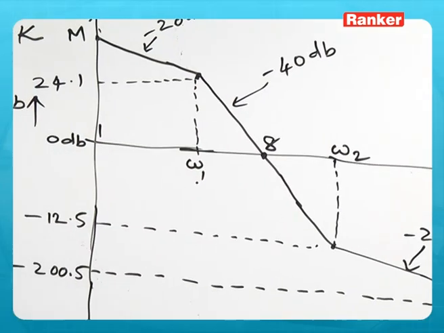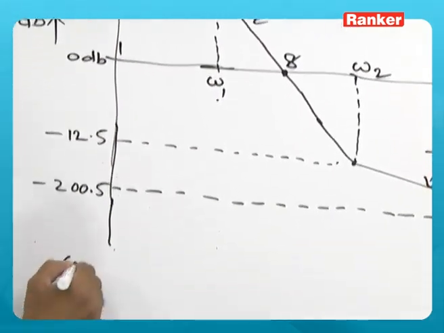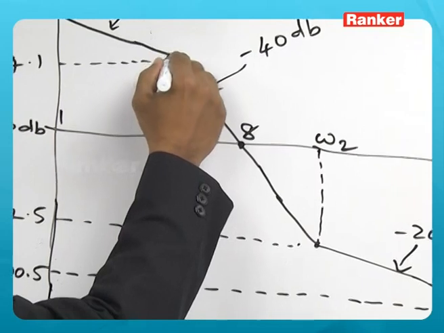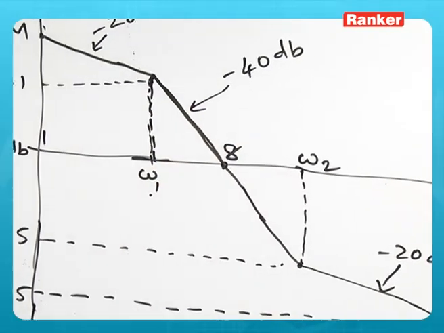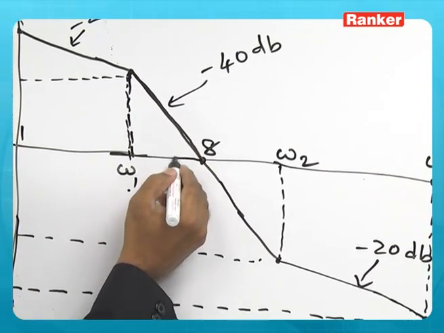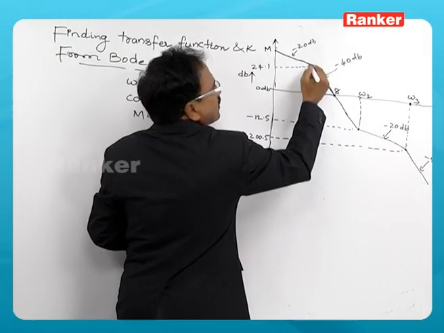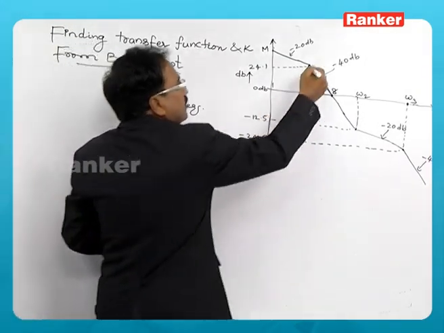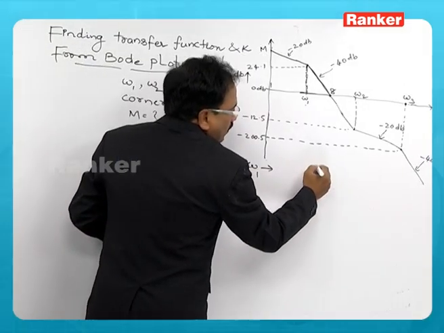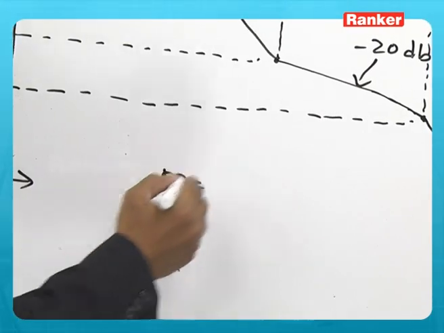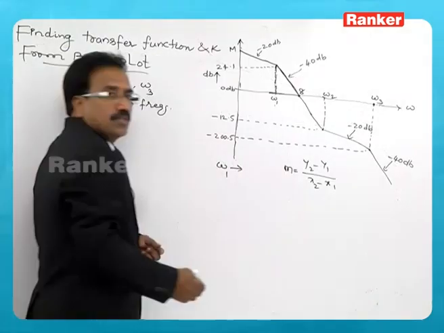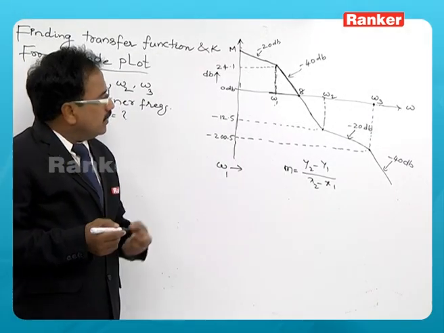I would like to determine omega 1 first. To determine omega 1, consider this portion of the plot which maintains the slope of minus 40 dB. You can consider this as a right angle triangle, and this line has a slope of minus 40 dB. There is a formula for the slope: M is equal to y2 minus y1 by x2 minus x1, if you have coordinates x1 y1 and x2 y2.